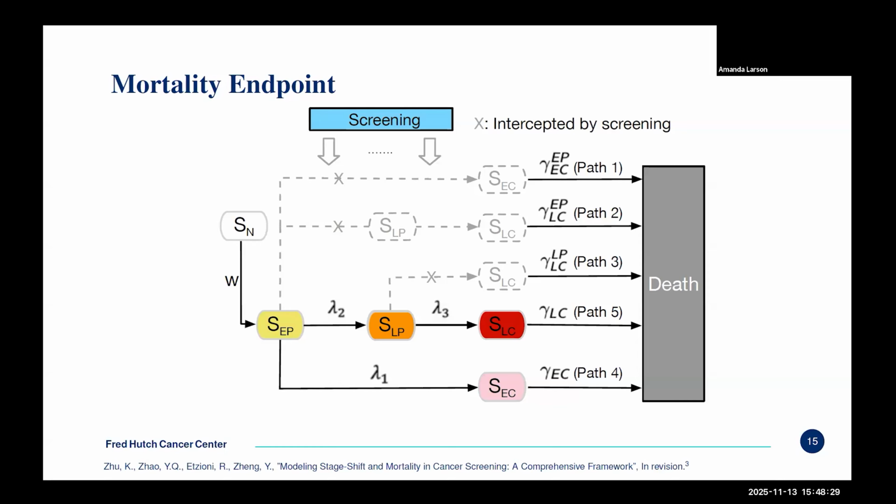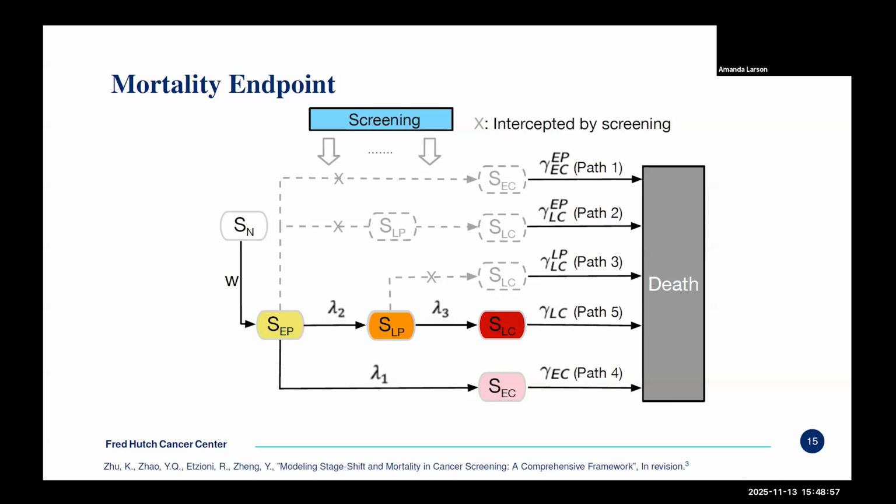So what we're trying to do here is characterize different paths. For example, this path 1 is what would have been an early clinical case but was intercepted by the cancer test, and we ask what would be the survival from the original diagnosis.